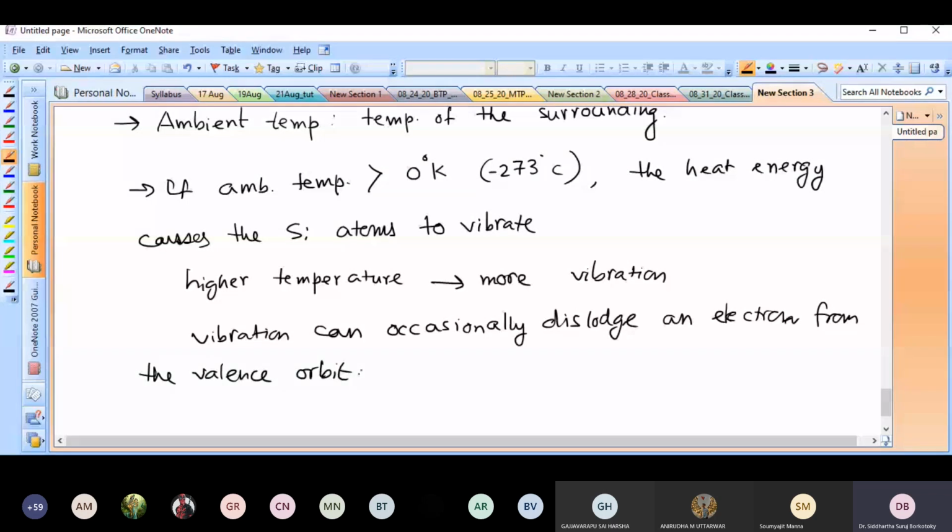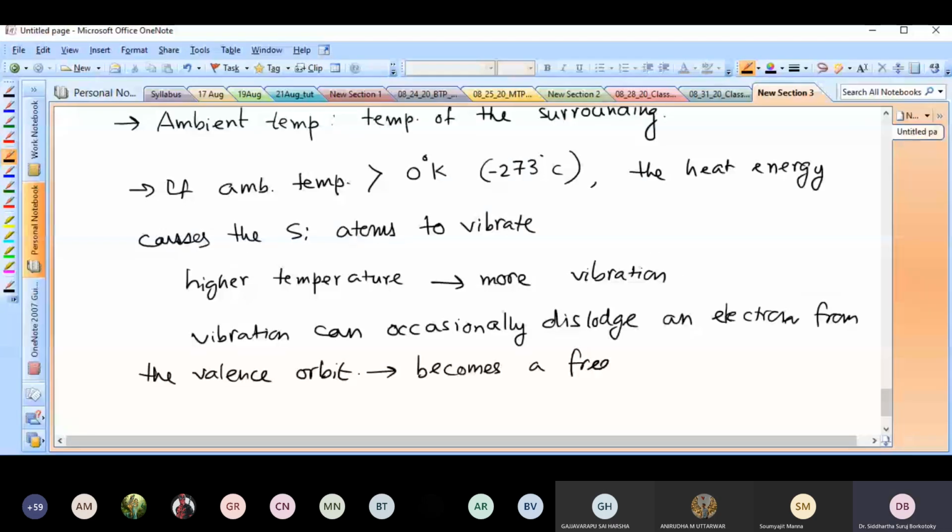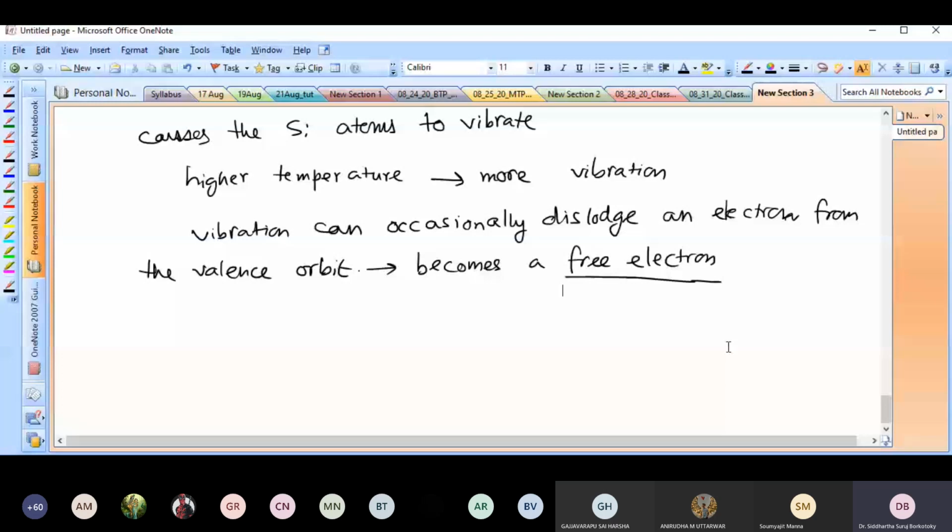When that happens, it means the electron becomes a free electron. So just like the copper atom that we discussed, you can have some occasional free electrons even in a silicon crystal, although it's almost like an insulator. It might still give rise to some free electrons, and these are just like the free electrons that you saw in the copper atom.